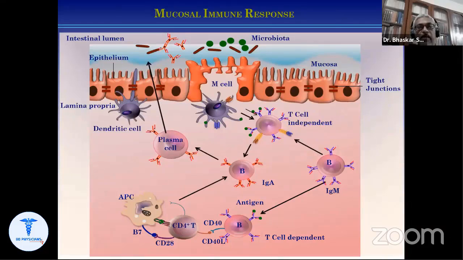And M cells are here. You can see that has different, I would say, interdigitating kind of membranes, which are these places or these crypts or the pseudopods.